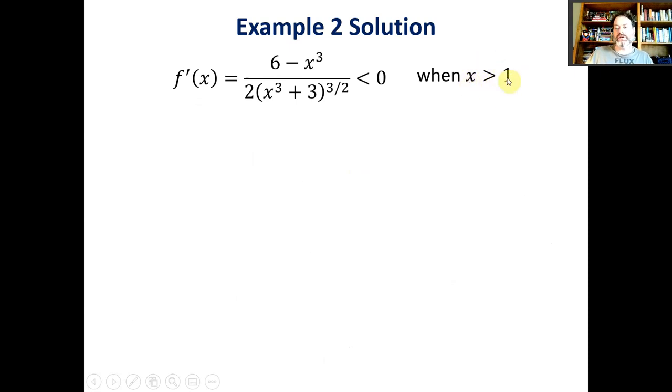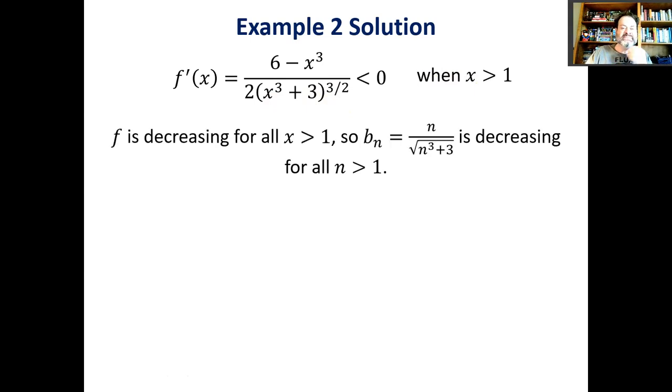As soon as you get to 2, 2 cubed is 8, 6 minus 8 is negative, and the denominator is always positive. So any numbers I plug in here bigger than 1, so 2 or bigger, this thing's negative, which means it's decreasing. And because f is decreasing, the Bn's are decreasing. The functions are the same; one is just x's where there should be n's.